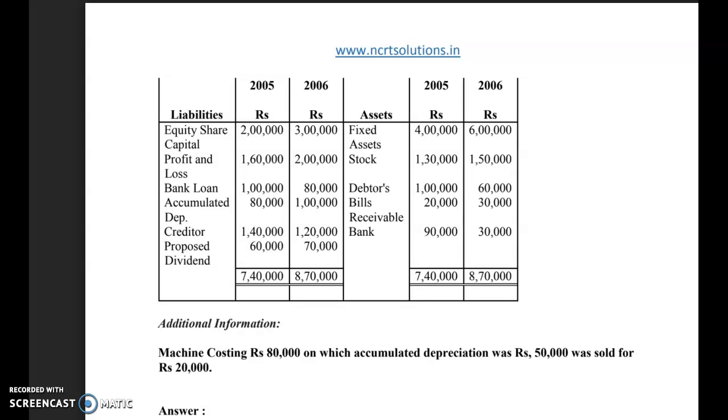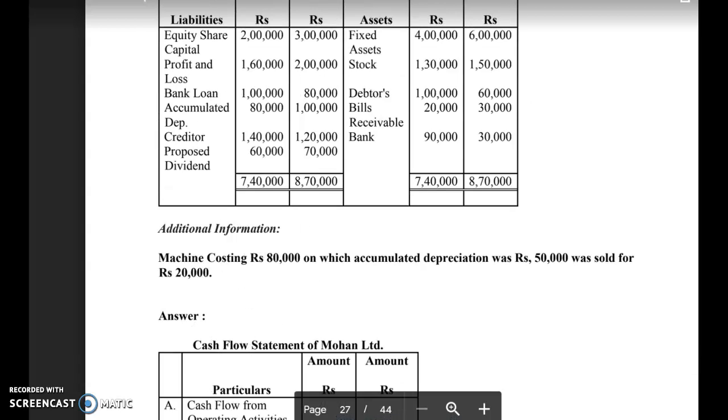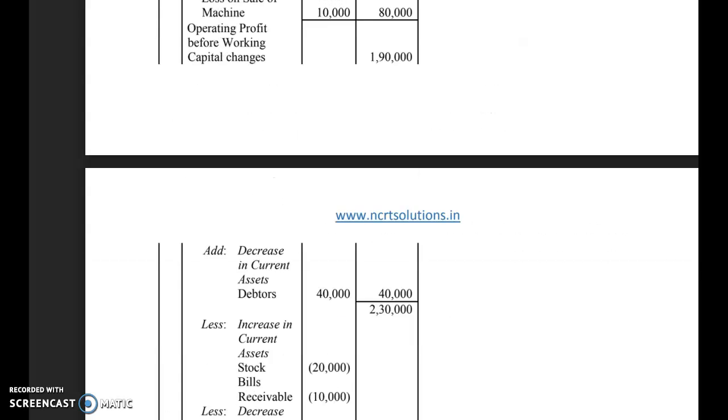In case of current liabilities, if there is an increase, that will be added. If there is a decrease in a current liability, that will be deducted. Here, debtors 40,000 is added because there is a decrease in debtors. Stock being increased, so 20,000 is reduced. Bills receivable also increased, from 20 to 30, so 10,000 is deducted, as they are current assets.